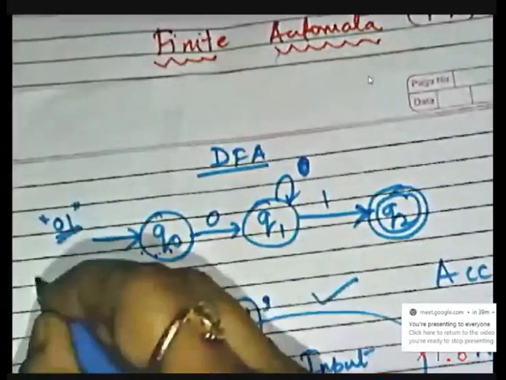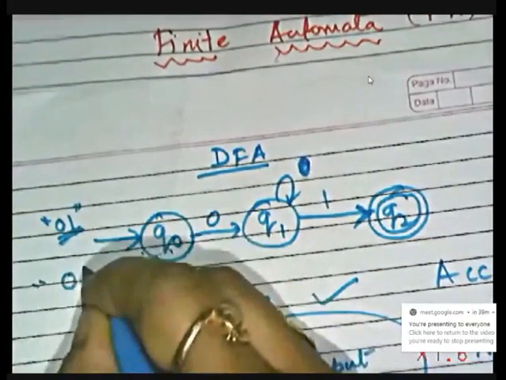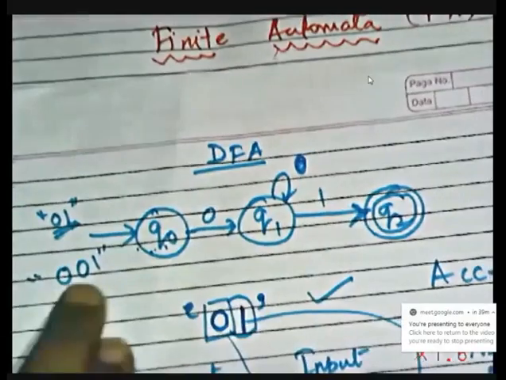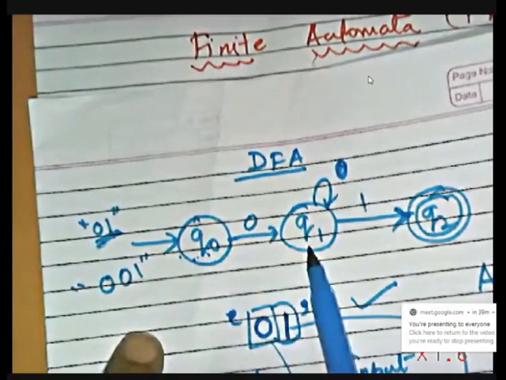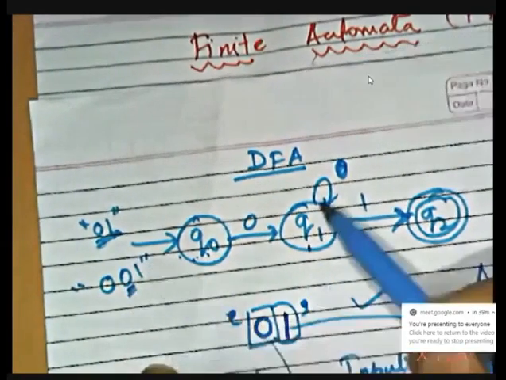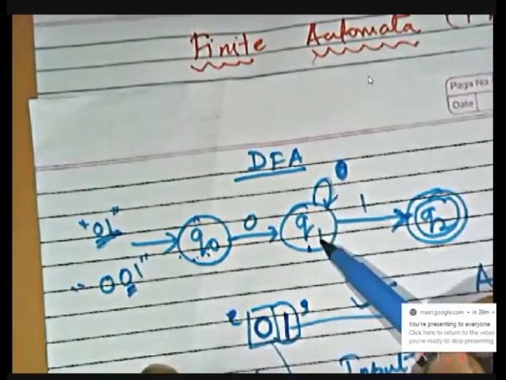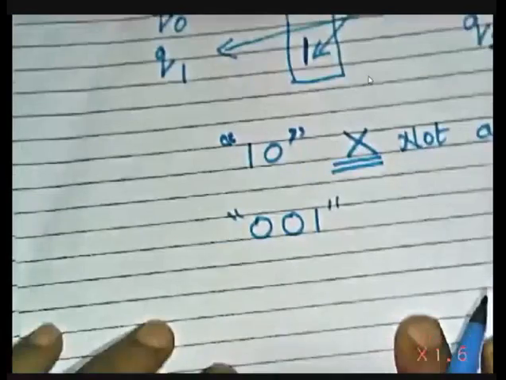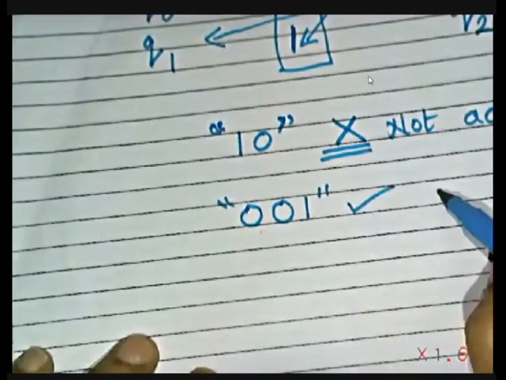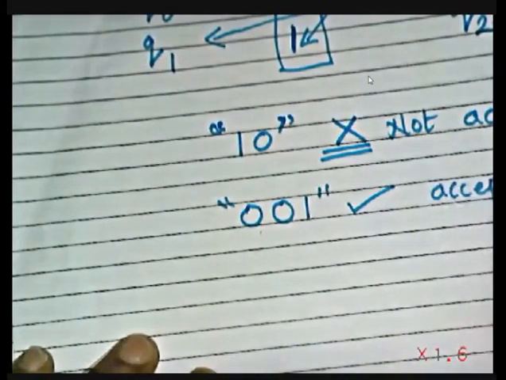If my string is 0, 0, 1, then this first 0 I am moving to Q1. Then this second 0 I will be in Q1, right? And then with this one I can reach Q2, right? So 0, 0, 1 is also acceptable.